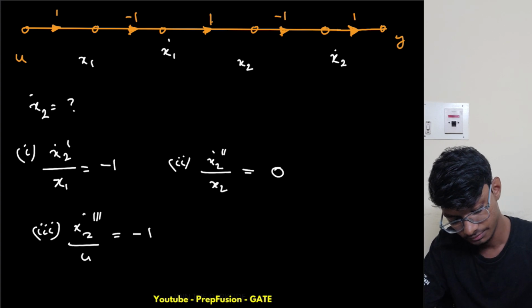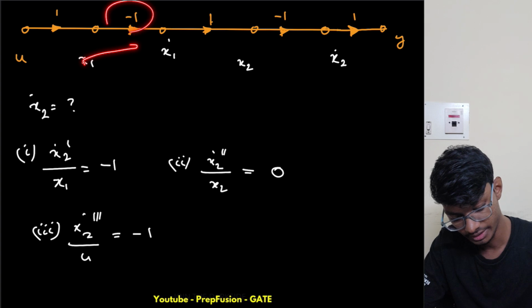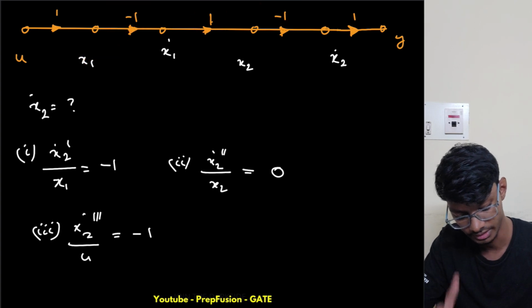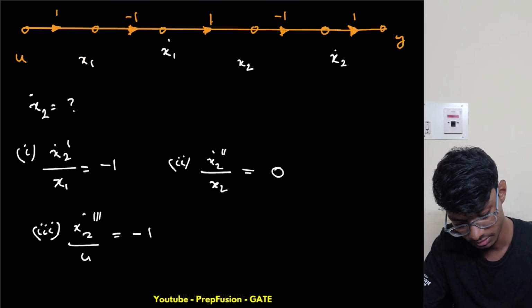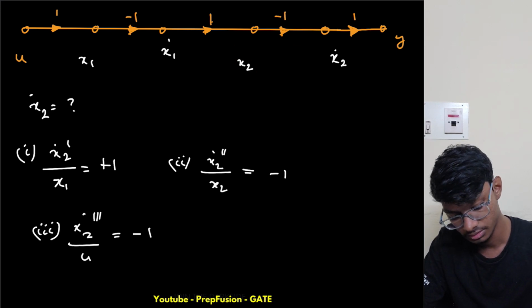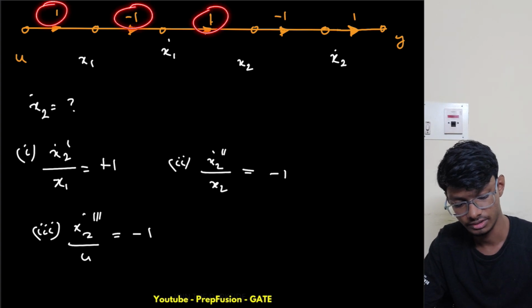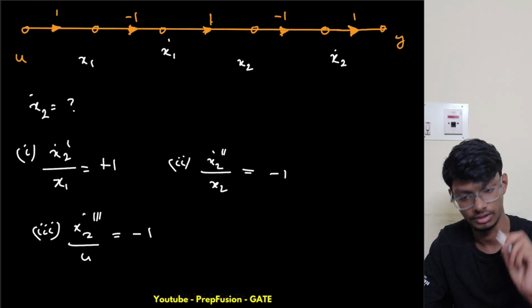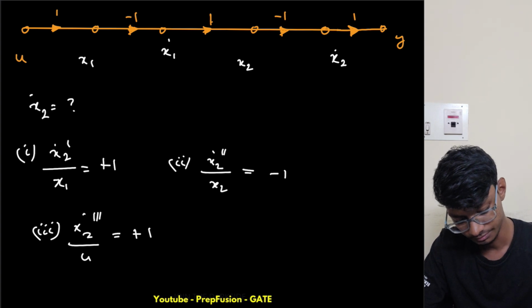Due to x1, I am getting a gain of 1 times minus 1 times minus 1, so this will become 1. Due to x2 itself, I am getting a gain of minus 1. And due to u, 1 times minus 1 times 1 times minus 1, I am getting 1. So this is plus 1.